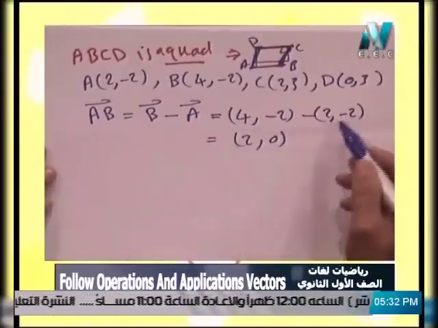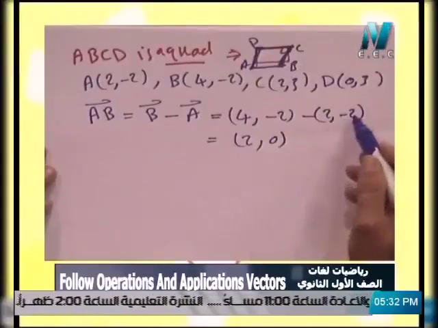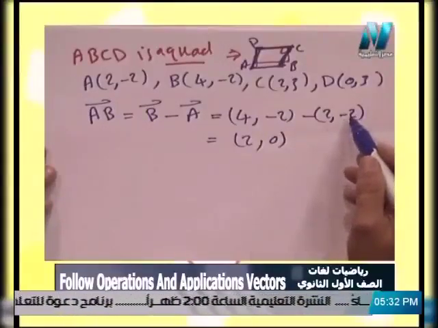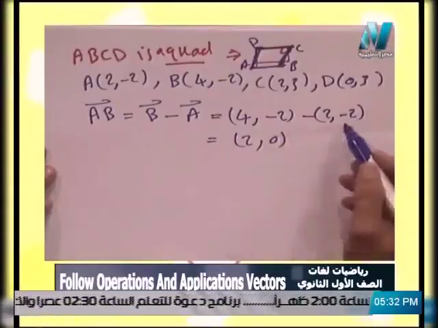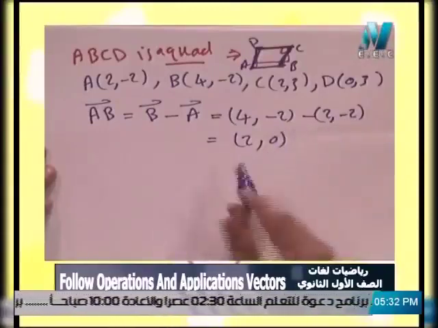Negative 2 minus negative 2, because minus negative is positive, so it is positive 2, and negative 2 plus 2 equals 0.